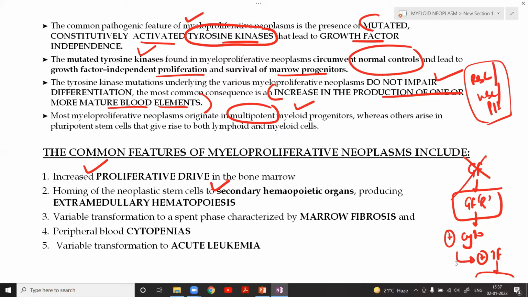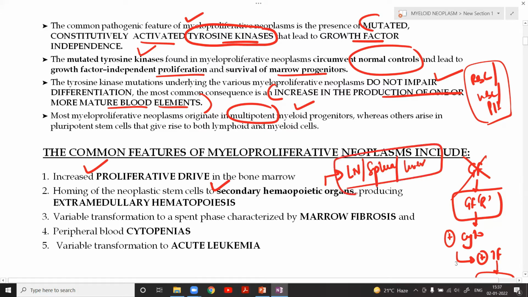Now, these stem cells go and live inside secondary hematopoietic organs. What are these? They are the lymph node, the spleen, and the liver. So what is the importance of this line?